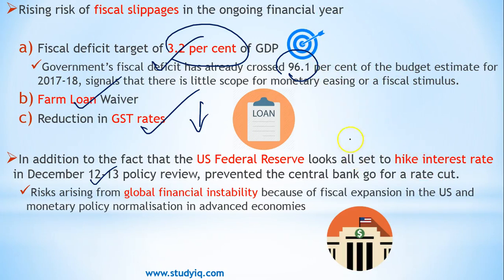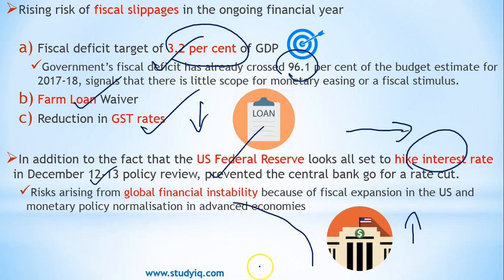Imagine you are a person from the USA, you have invested in bonds in India because the interest rate was down in your country, in the USA, but now the Federal Reserve is going to increase the interest rate, so you will make more money by investing your money in US bonds rather than keeping it in India. So what will happen is the money will flow out of our country, right? So this is also going to create some troubles for us.